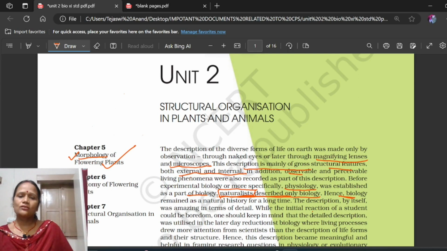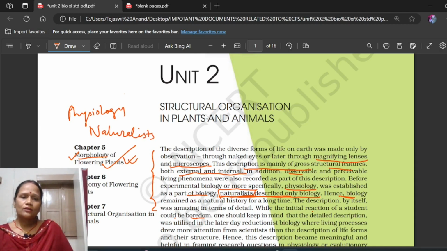While the initial reaction of a student could be boredom, I think you don't feel bored because I am not making it boring. I am making it more interesting. We have to study morphology. We also have to know about physiology. We have also studied naturalists. Who are naturalists?